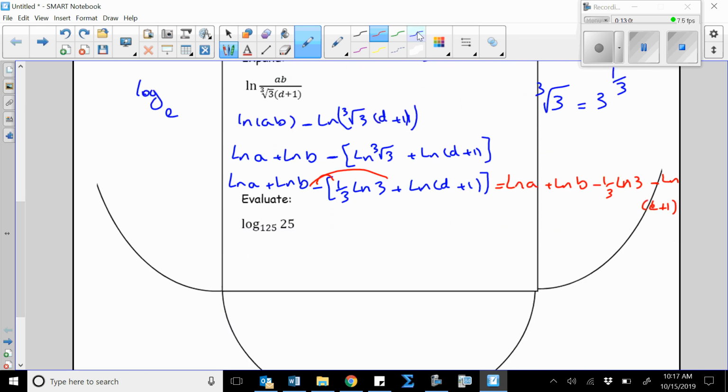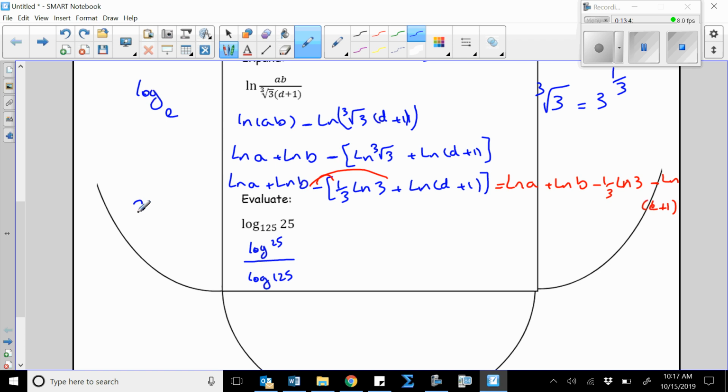The last problem is asking us to evaluate log of 25 with base 125. Again, here it's not easy to figure this out without a calculator. So we're going to use the change of base. I need to make it log of 25 with some base over log of 125 with some base. The bases should be the same. But what base should I use here?